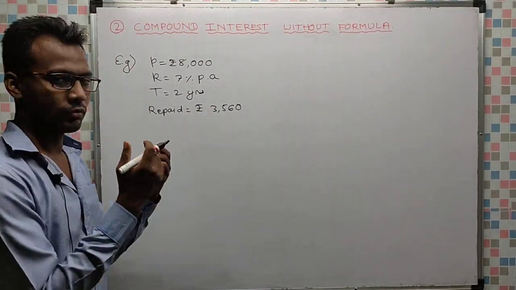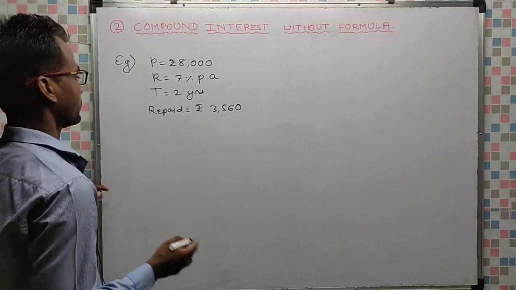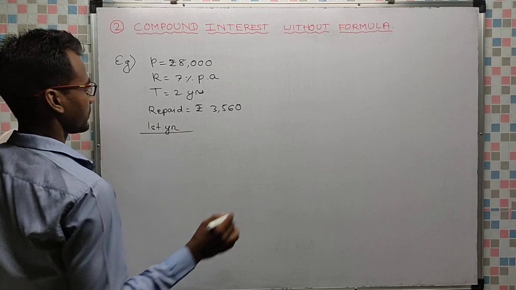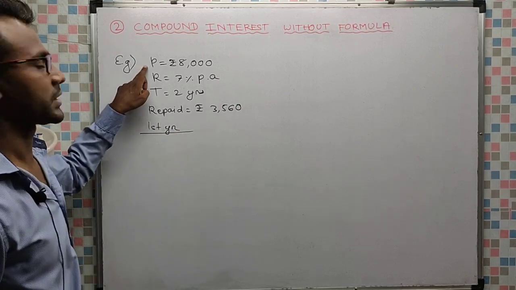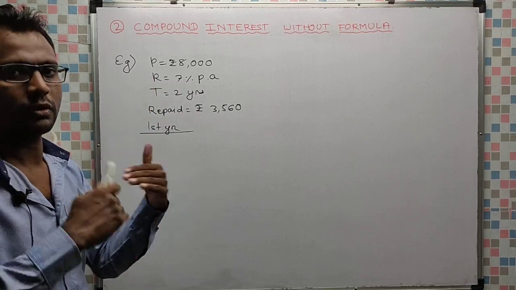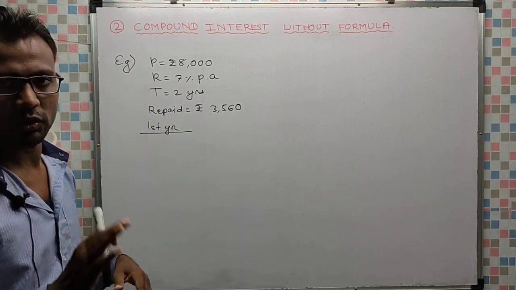So we have to start from I1, the first year. For the first year, principal is 8,000 rupees, rate is 7%, time is 1 year. One by one you have to move. Directly we cannot take 2, it is not simple interest.